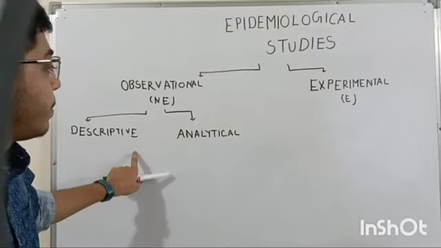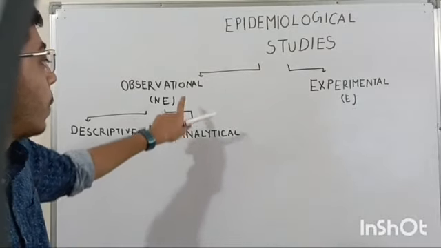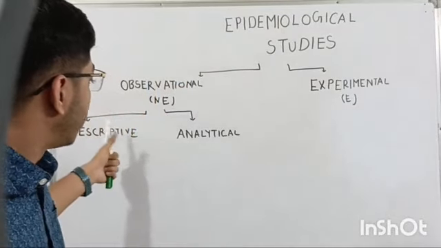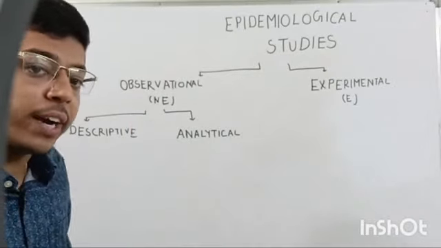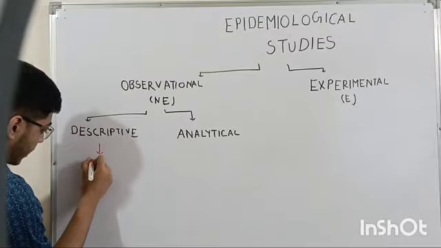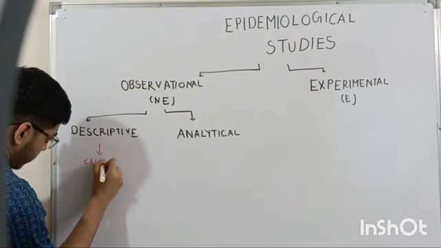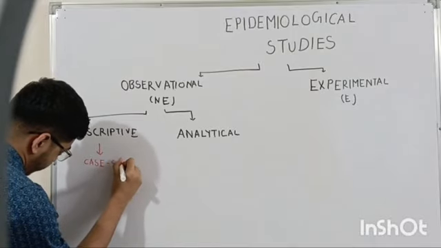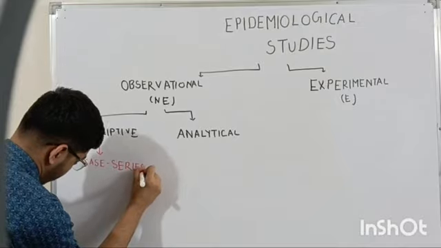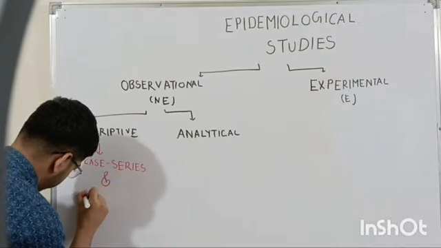So, descriptive and analytical are two subtypes of the observational type of studies. Descriptive type of studies is further subdivided into case series and case reports.